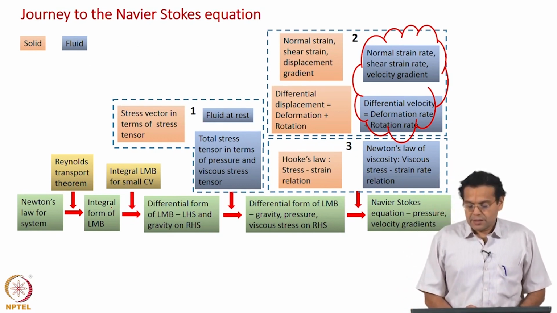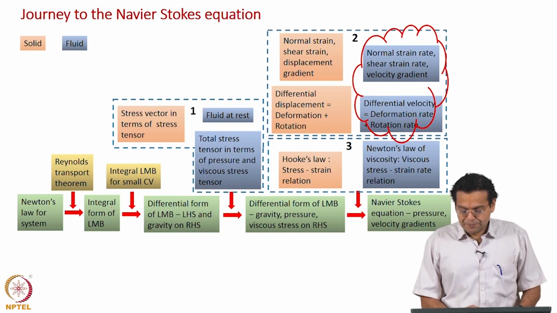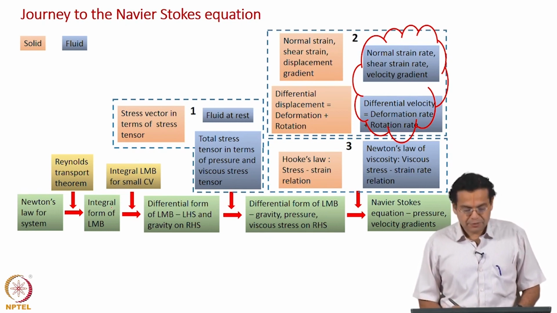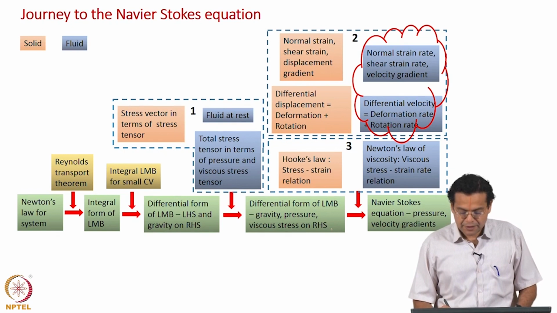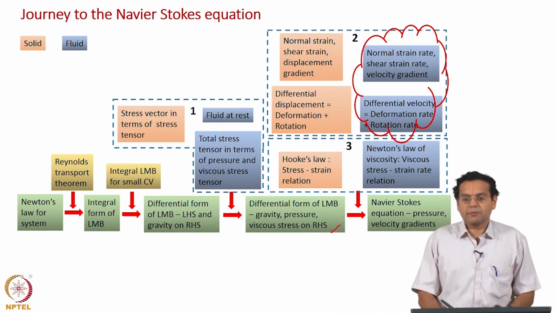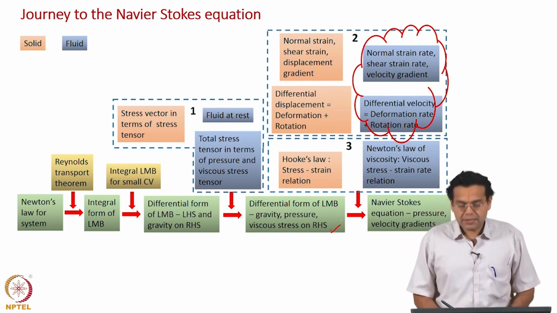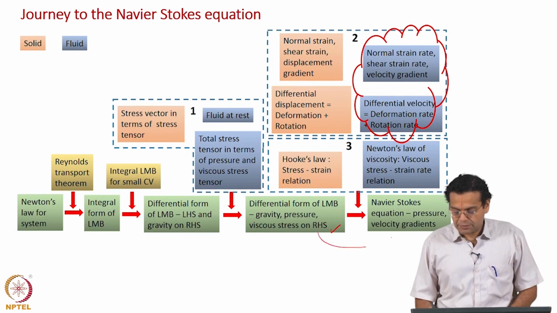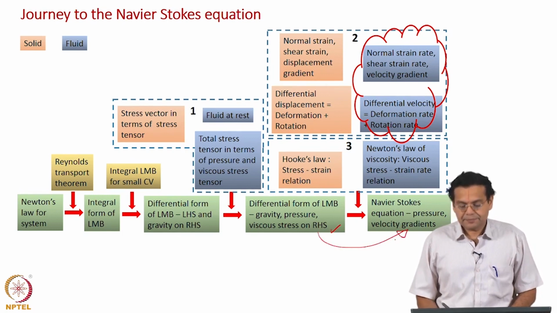this lecture, where we have discussed strain rate in fluids analogous to strain in solids. Okay. So, in terms of a journey to the Navier-Stokes, we were here where we have derived the differential form of linear momentum balance with the viscous stresses on the right hand side. We said we need to express that in terms of the velocity gradients.